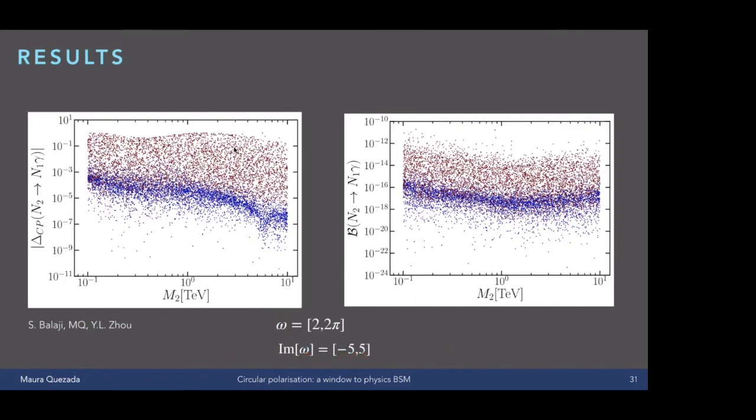When we add this imaginary component, we can reach up to even 1 in delta CP. However, the branching ratio is still very, very small, between 10 to the minus 12 and 10 to the minus 10. So this is still very difficult to observe. But delta CP will be very large in that case.